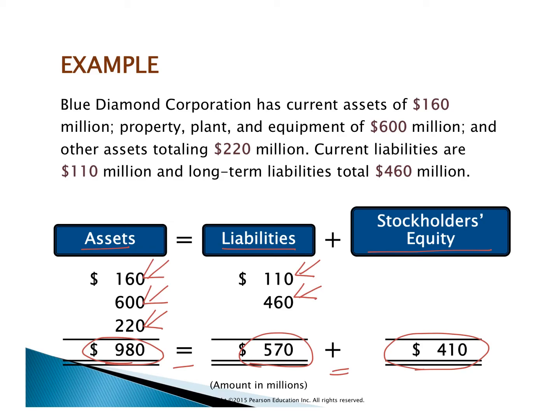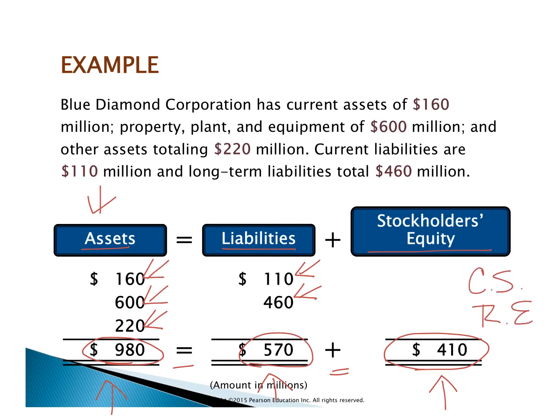To answer the rest of the questions, assets are the resources of the company. Thus, Blue Diamond has $980 million in resources, owes $570 million to creditors, and the remaining $410 million are the stockholders' claims, or the amounts they own. For our last question, hopefully you remember that stockholders' equity is comprised of both common stock and retained earnings.